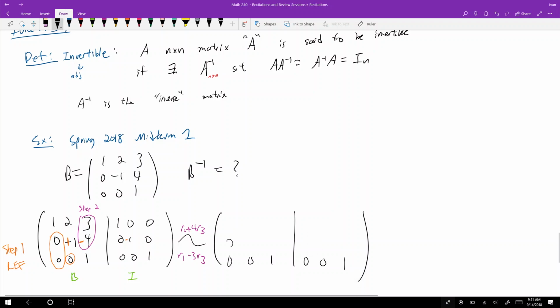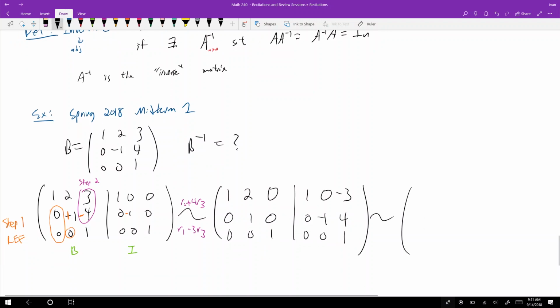Row 2 becomes 0, 1, 0, this is 0, negative 1, and then I added 4 times row 3, so that's 4 right there. And this becomes 1, 2, 0, 1, 0, and then 0 minus 3 times row 3, that's a negative 3 right there.